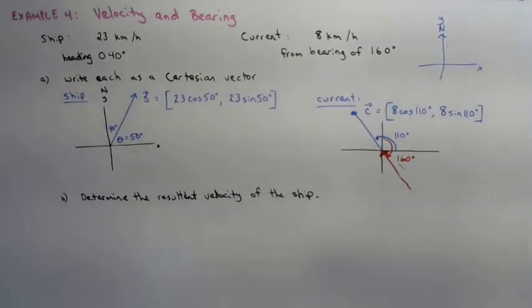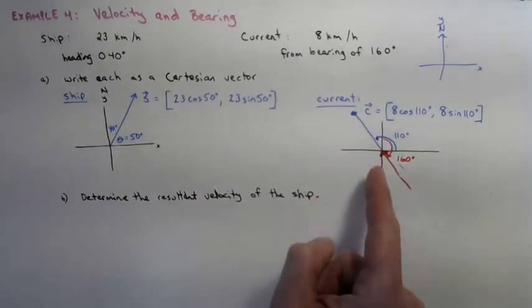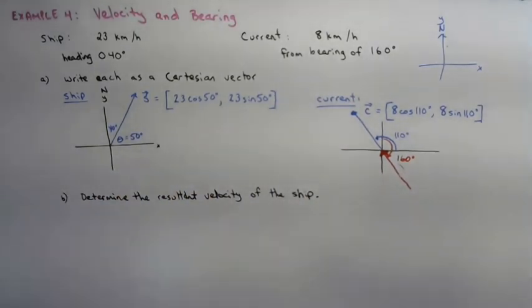Okay, so we've been given how the ship is moving with respect to the water, and we've been given the water's effect on anything in the water. So to put them together would be to get the resultant velocity of the ship.